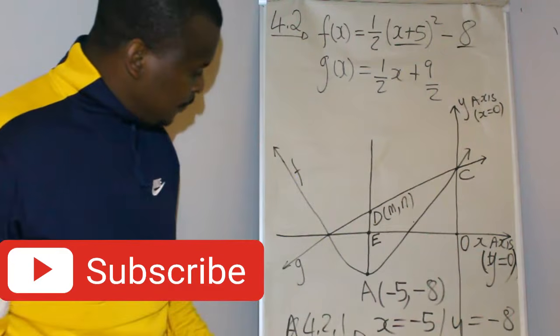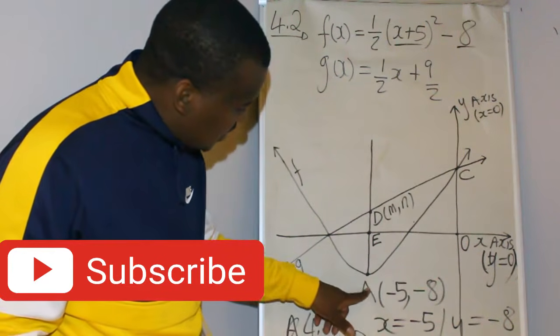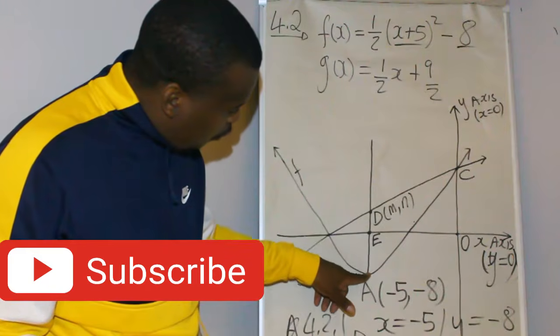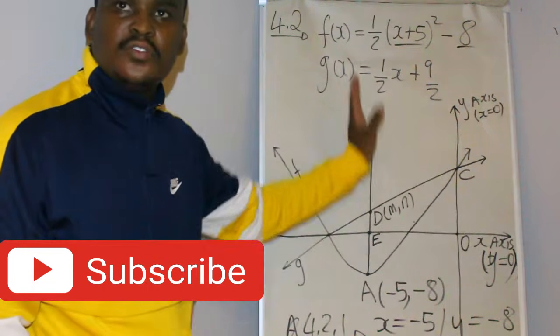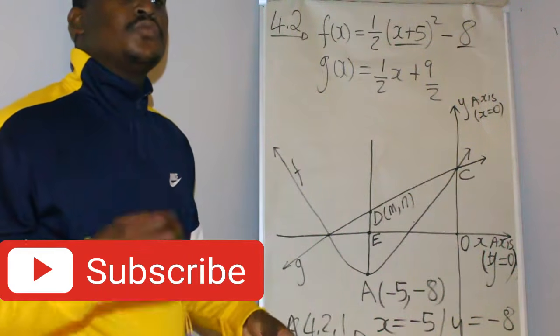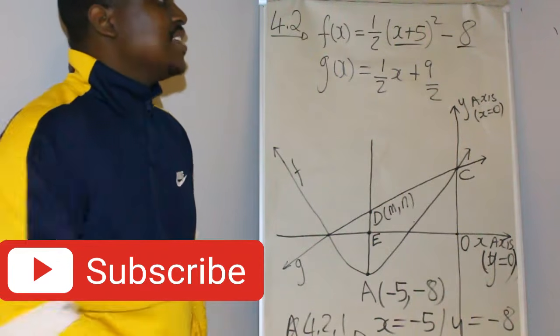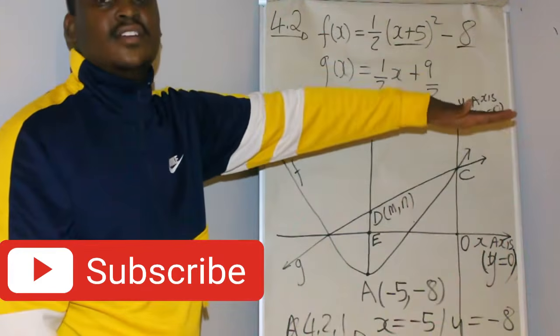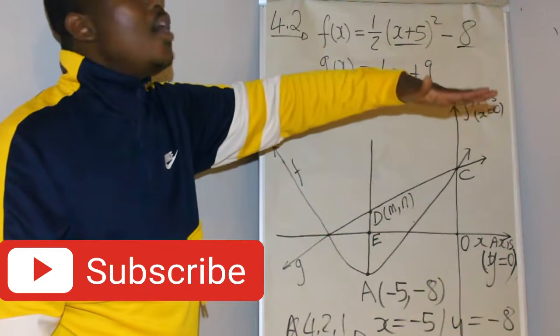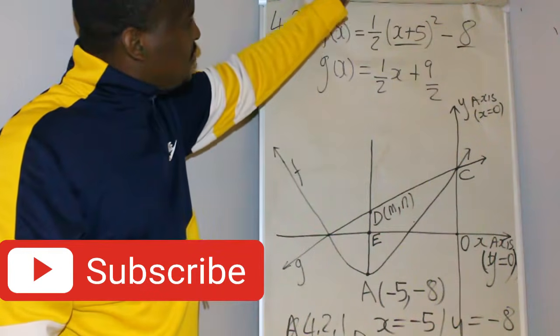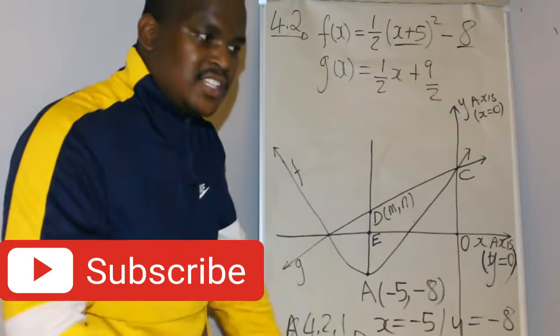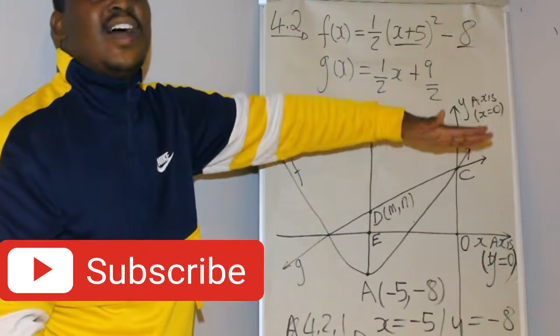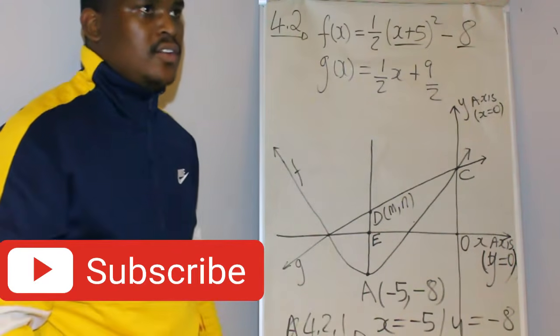So you know that the x value for a is -5. If you go along this vertical line, the x value is the same. Because I said when I was doing the equation of the asymptote that a vertical line will be defined as x is equal to a constant, and a horizontal line will be defined by y is equal to a constant.